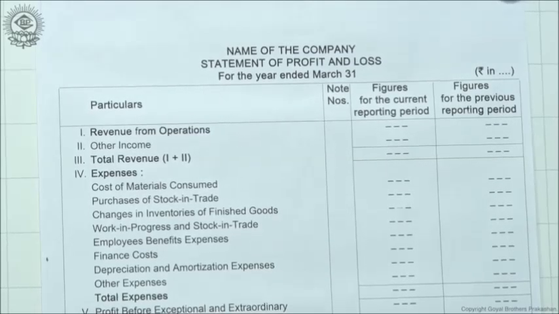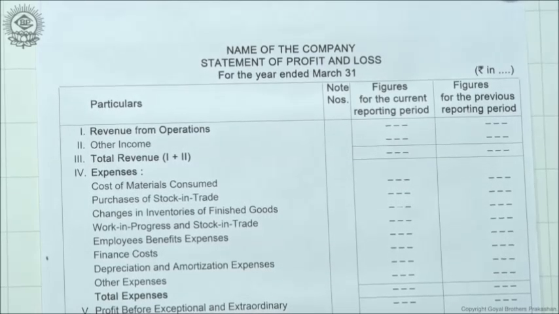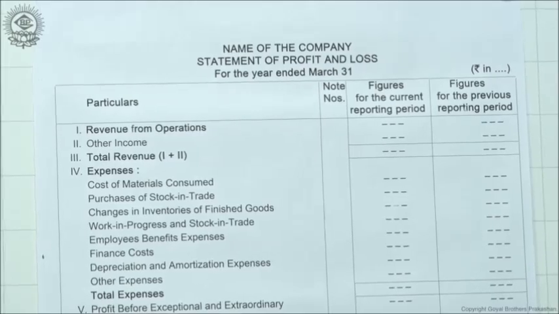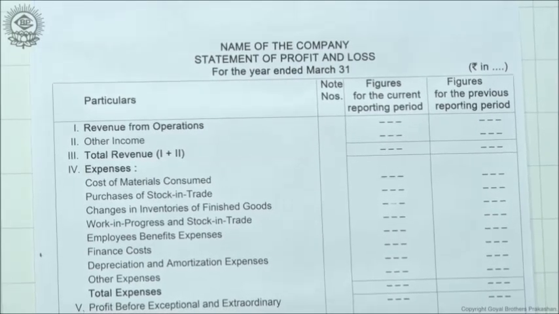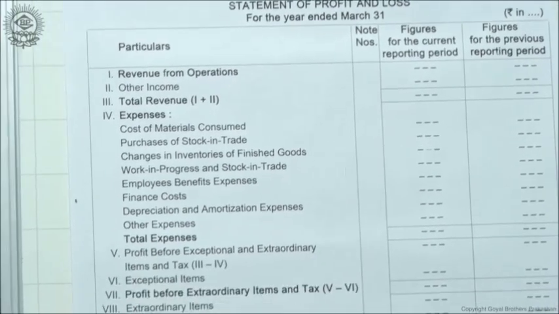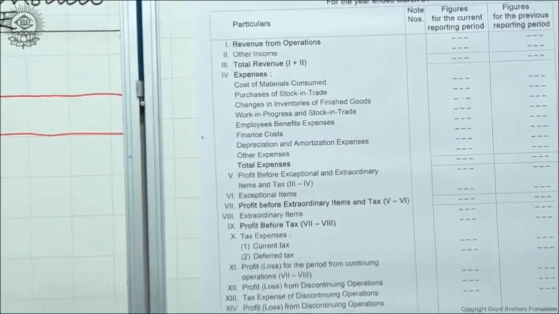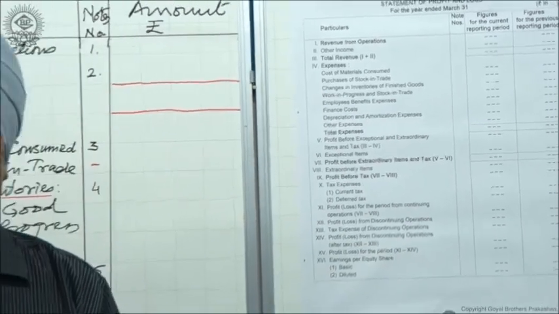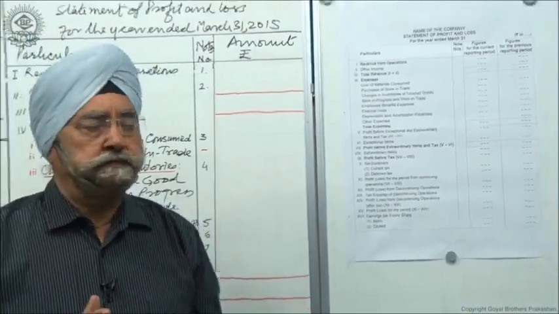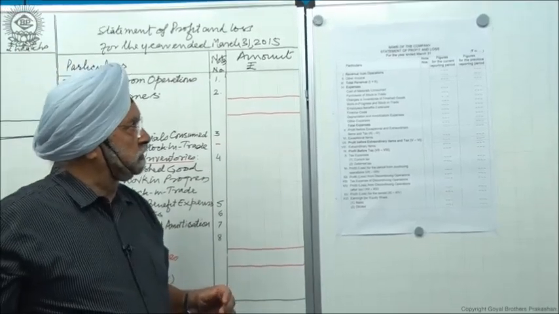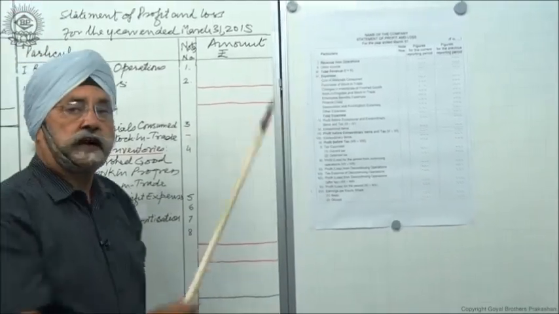If it is a finance company, its revenue will be items like interest received, dividend received, and consultation of a financial nature. So these items come in the revenue from operations of a finance company.